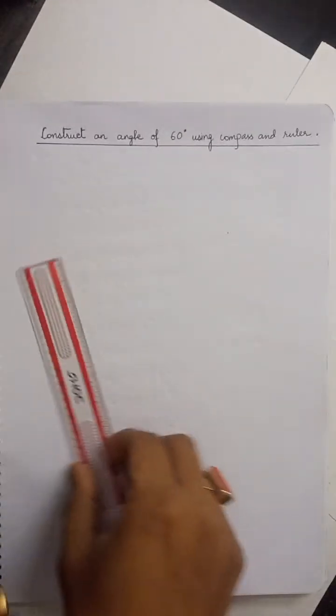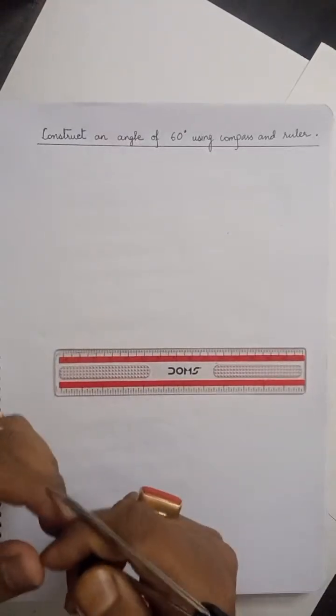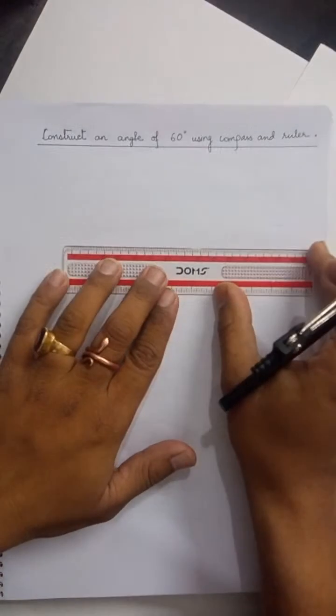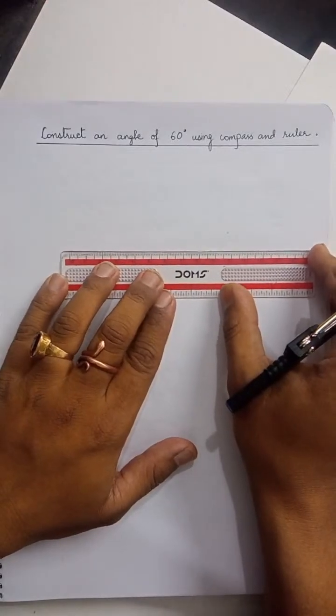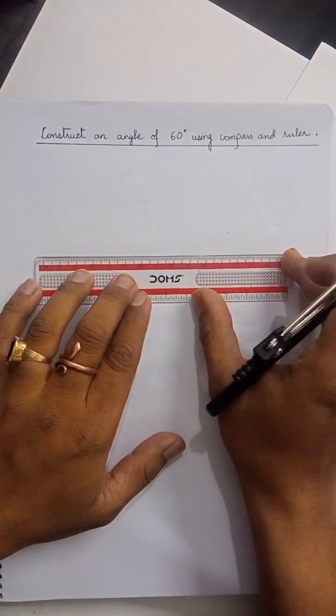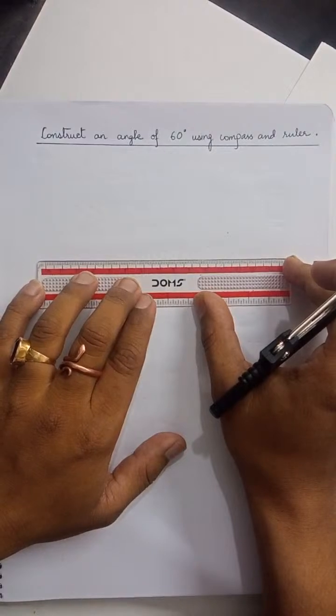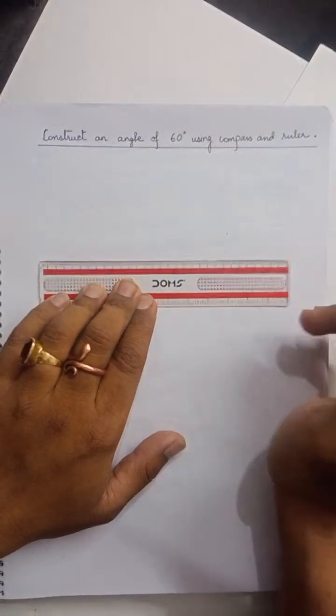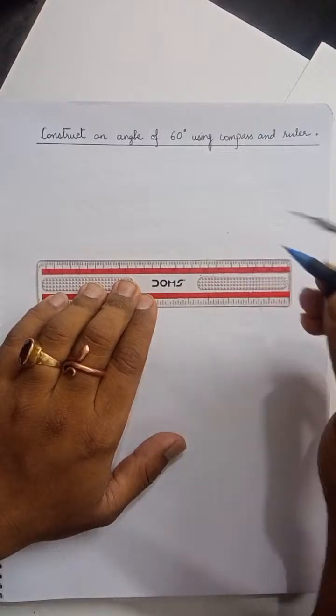So let's begin our construction. First we will draw a ray, it can be of any length. 60 degree is probably the easiest angle to draw using compass and ruler.